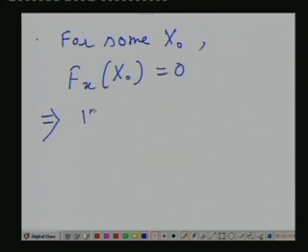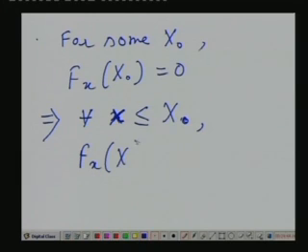for all X less than or equal to x0, we should have this as well.